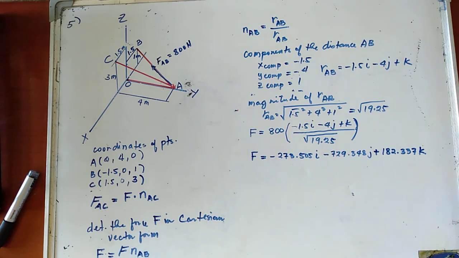So that is the Cartesian vector form of the 800 newton force.